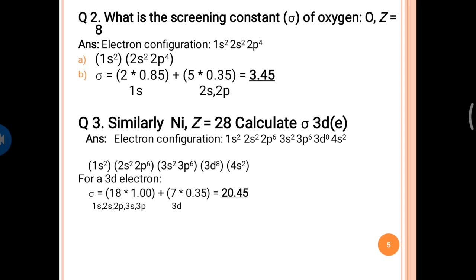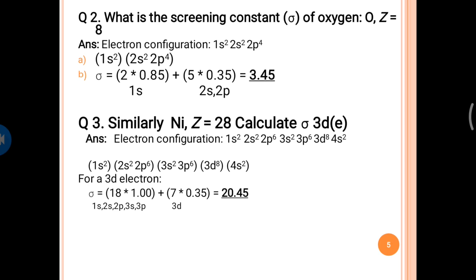Similarly, nickel. What is the atomic number of nickel? Nickel, Z is equal to 28. Then calculate the screening constant of a 3d electron. Okay, so carefully, question 3: similarly calculate the screening constant of nickel for a 3d electron.